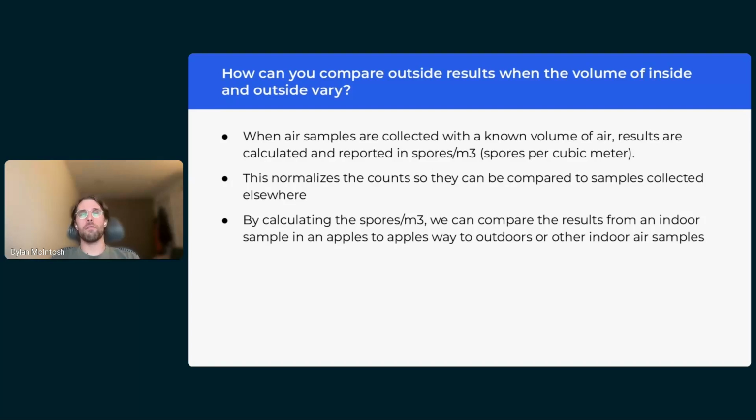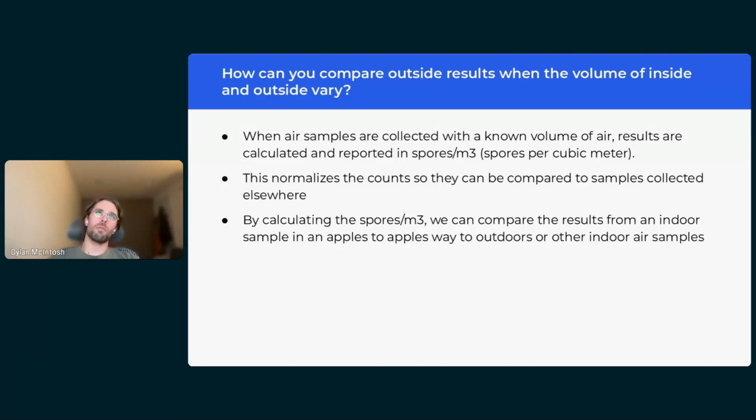So a 5-minute sample on these Spore Trap cassettes that are sampled at 15 liters per minute is a 75-liter sample. If you took a 10-minute sample, it's a 150-liter sample, and that is used when we calculate our reported number. When you see numbers on our report, they're reported in spores per cubic meter of air. It's normalized to this figure so it can be compared.